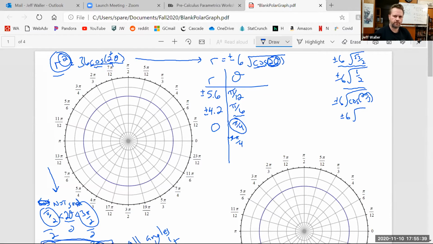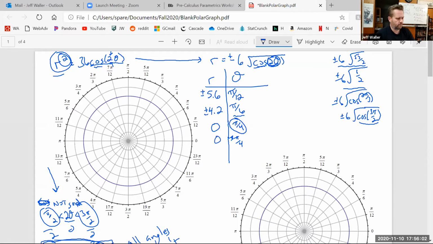So what happens when I put a 3 pi over 4 in there? It becomes cosine of 3 pi over 2. Is everybody with me? Please tell me if you are not with me. It is okay if you're not with me. It's not okay if you don't tell me. And of course, what is the cosine of 3 pi over 2? 0. I love it.